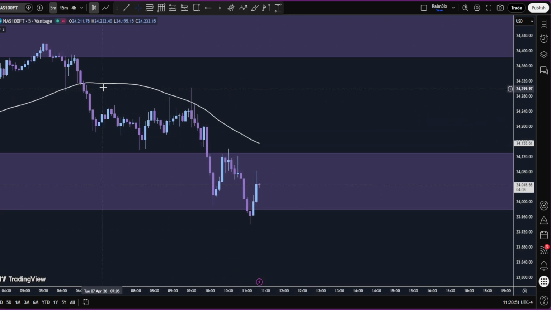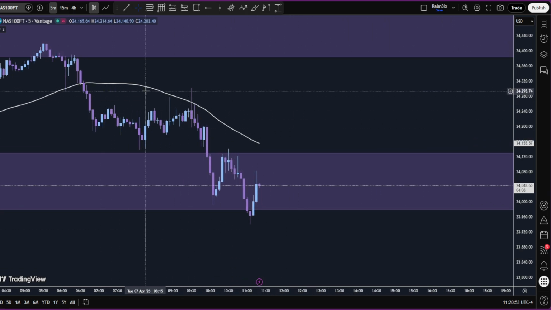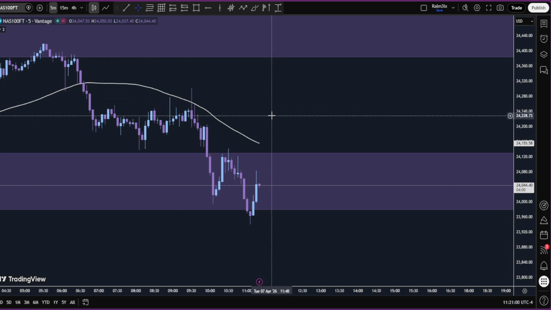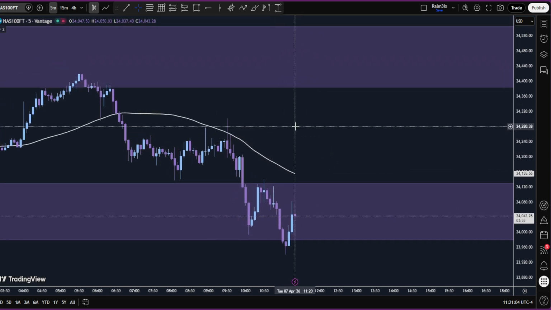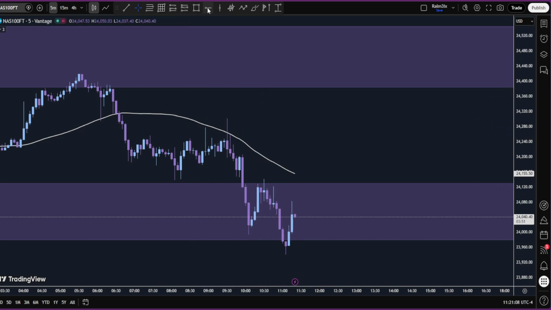Now, below the moving average, we are looking for supports to break and retest for sells. Above the SMA, we are looking for buys: resistance that is broken, and we take the retest for buys. In this case, price was below the SMA the full session, respecting it a lot.